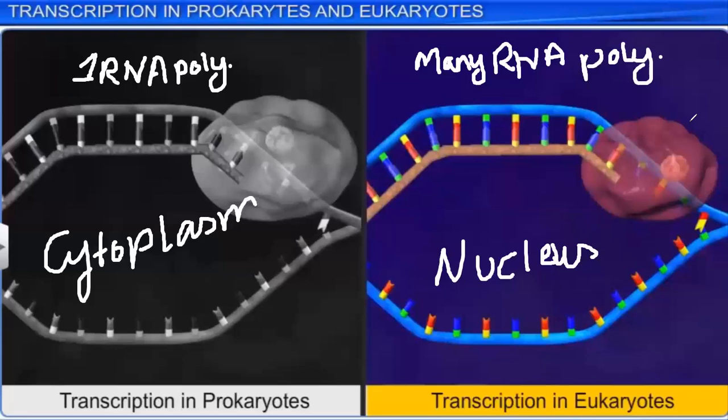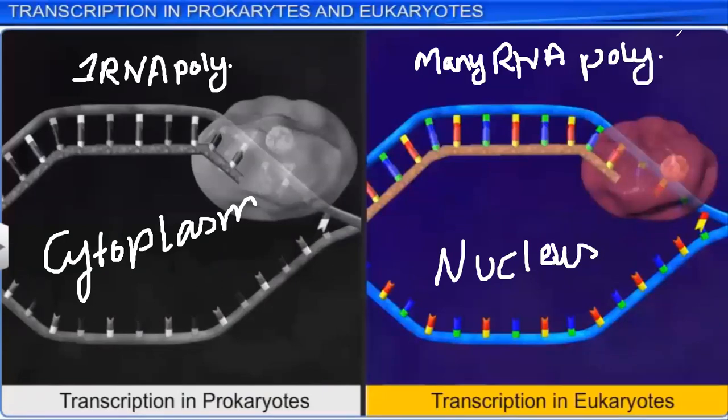In eukaryotes, things are a little elaborate or complicated, because the organism is a little complicated, right? So in prokaryotes, only one RNA polymerase enzyme is enough for the transcription of all types of RNAs. There are 3 types: tRNA, mRNA, rRNA.